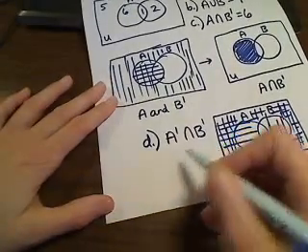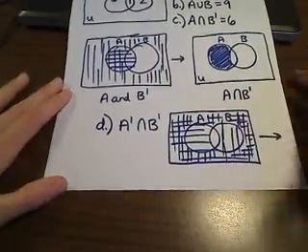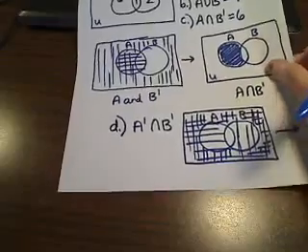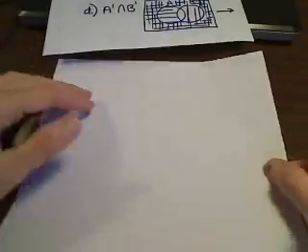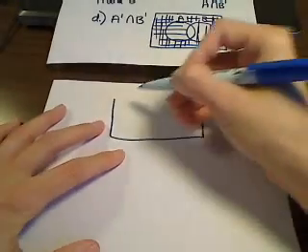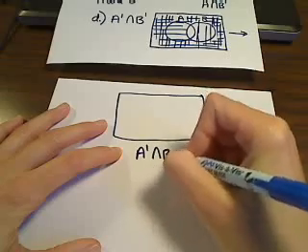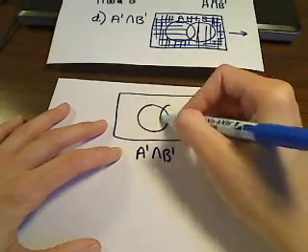So the actual picture here for A naught intersecting B naught would look like this.